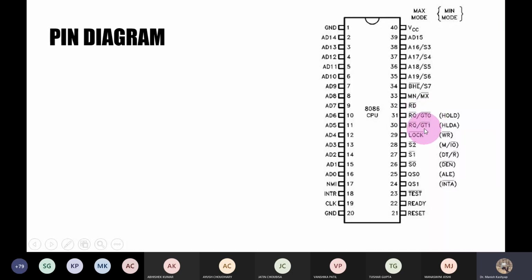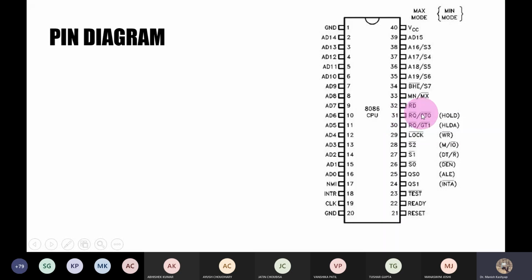There are two sets of requests which can be made. Like in hold and HLDA, only one device can be connected, it can make a hold request and the HLDA pin will acknowledge it. However, this request and grant signal is for some ticks of the clock. In the beginning ticks of the clock you will make a request, and in the later ticks you will be granted.